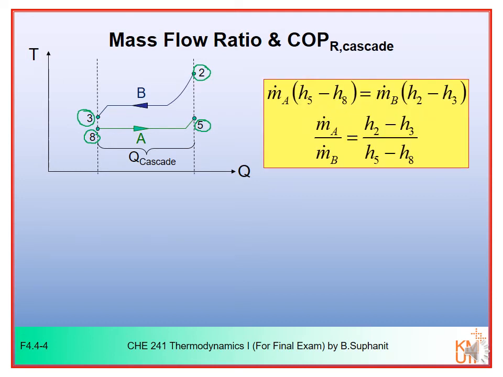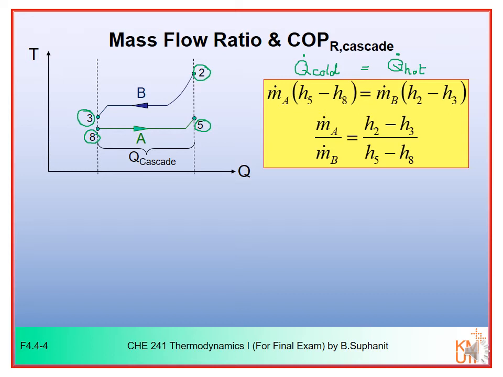They must be equal. So you have mA (h5 minus h8), this is Q cold, and that must be equal to mB multiplied by (h2 minus h3), this is Q hot. Q hot equal to Q cold. Heat transfer from the hot stream equal to heat absorbed by the cold stream.